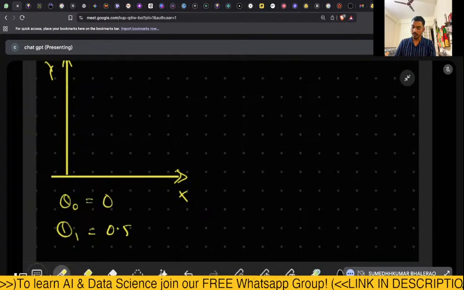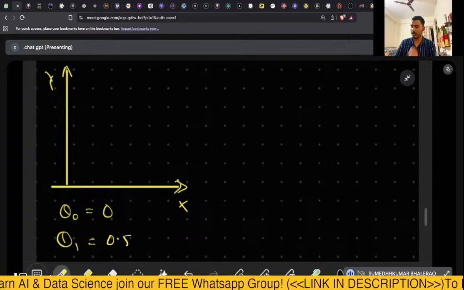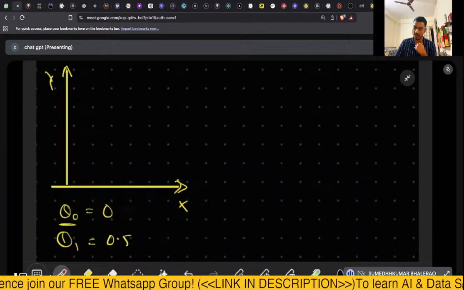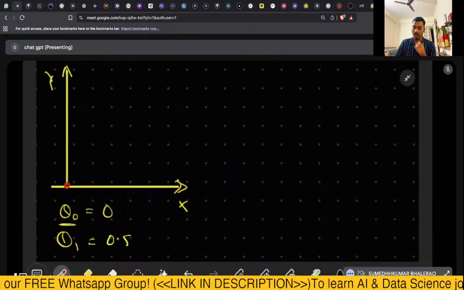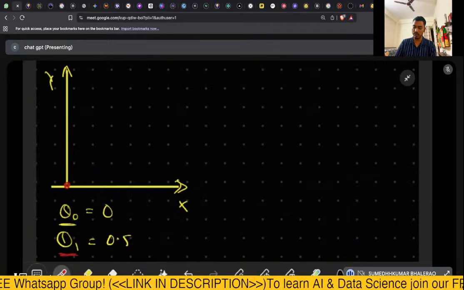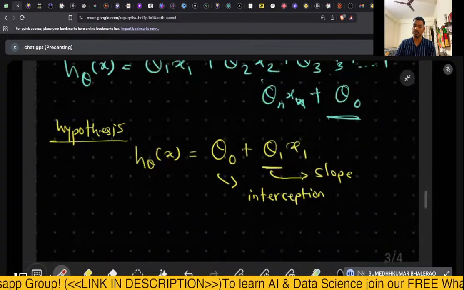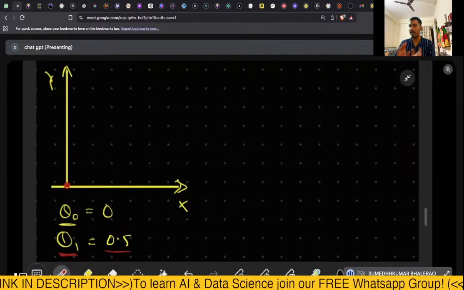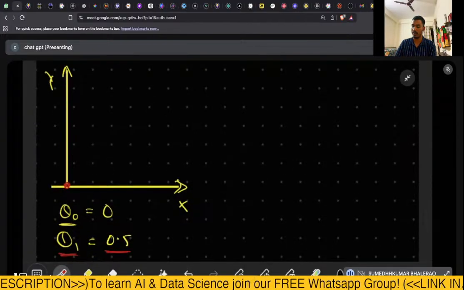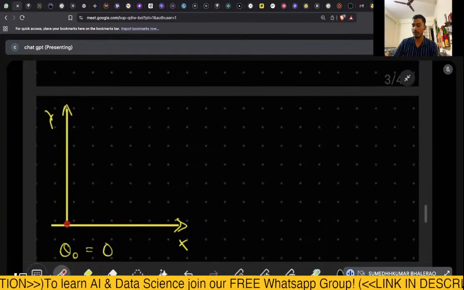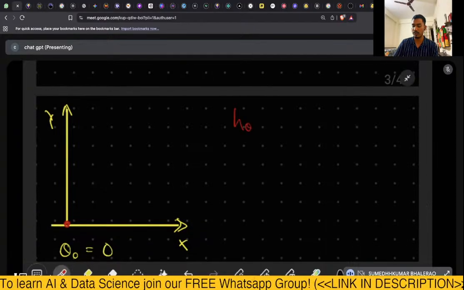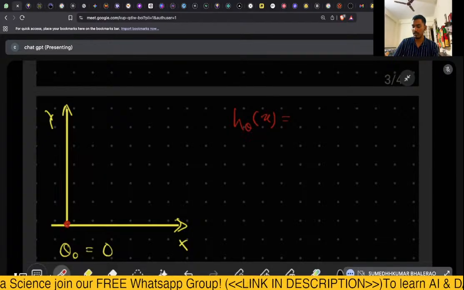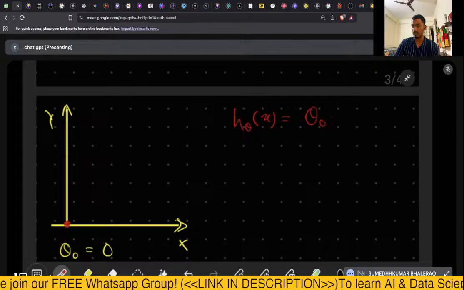Theta 0 is my interception, which is 0, and theta 1, which is my slope, is considered as 0.5 at the moment. I have just assumed this. So my formula was h theta of x equals theta 0 plus theta 1 x1.